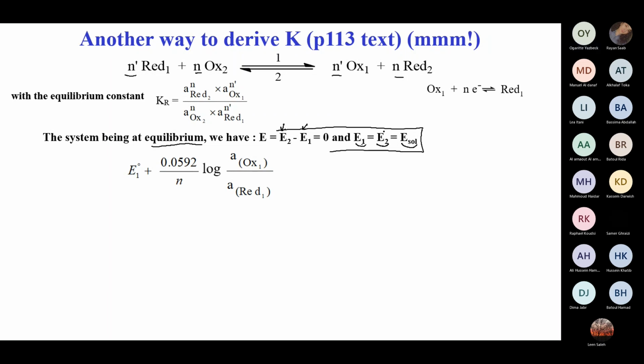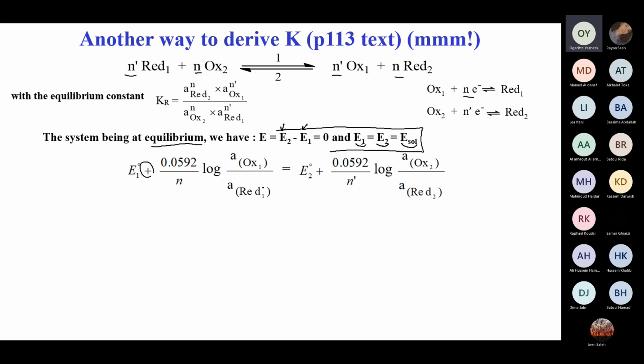So if I have the reduction potential of the first, OX1 plus N1 electrons to RED1. If I'm writing the reduction potential, it's what? E naught 1 plus 0.0592 divided by the number of electrons transferred in this half reaction, log concentration of ox over red.